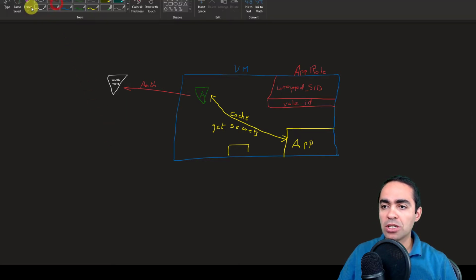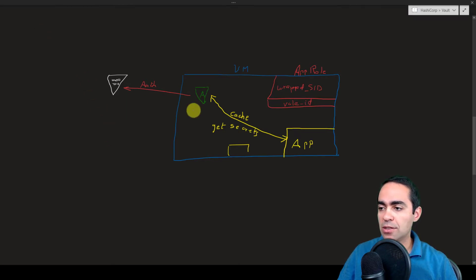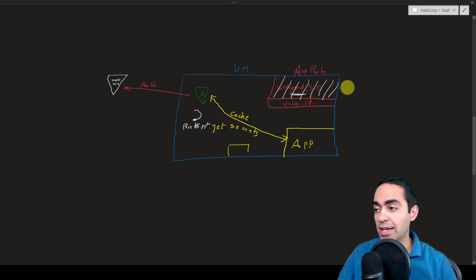But the challenge is, like I mentioned in the beginning, when this Vault agent restarts. So when this Vault agent restarts, the wrapped secret ID, you can only use it once, so you can't use it again.